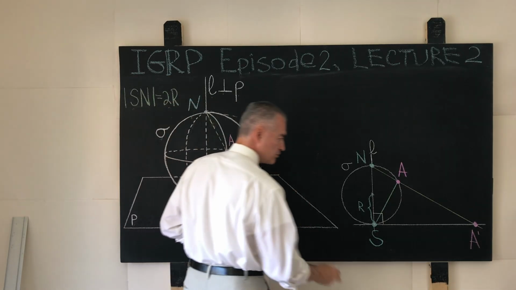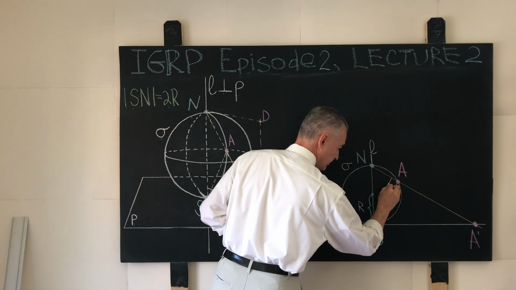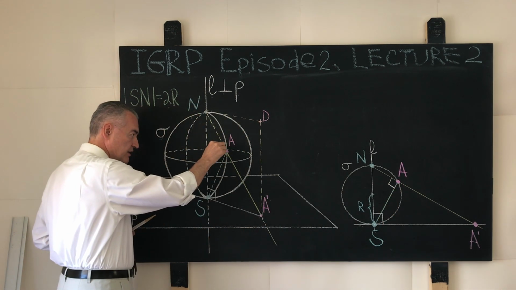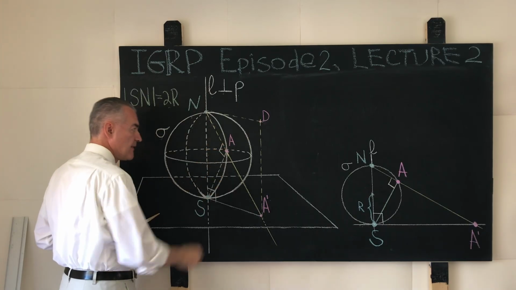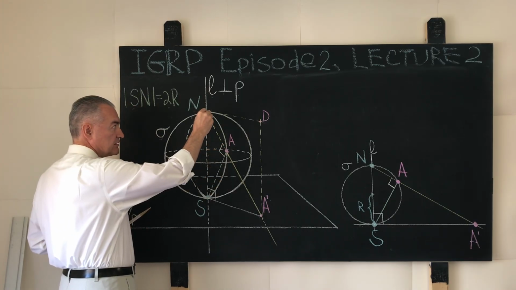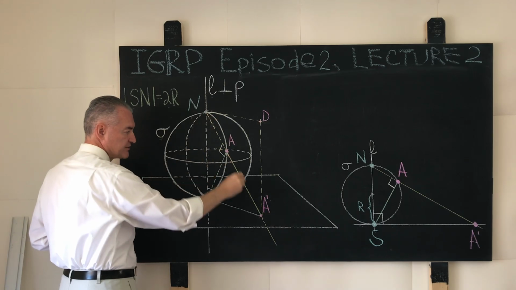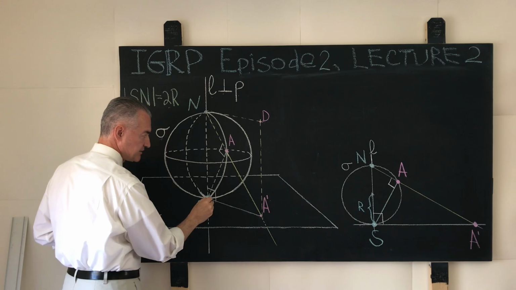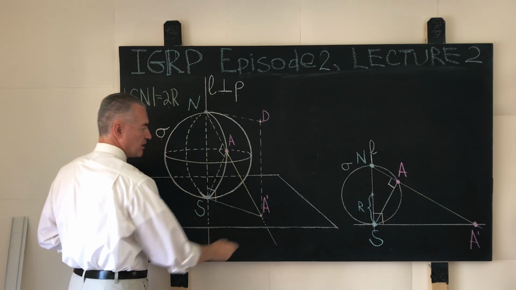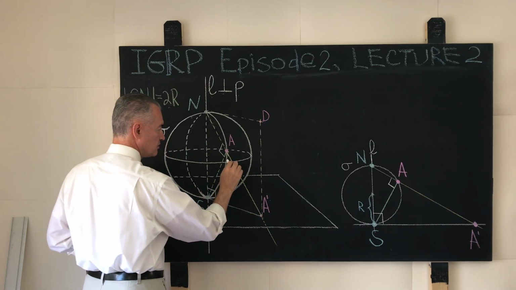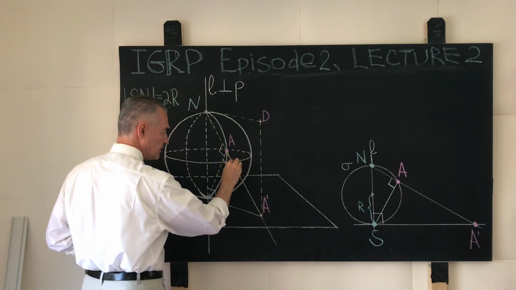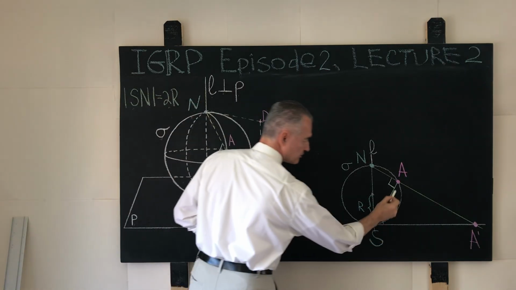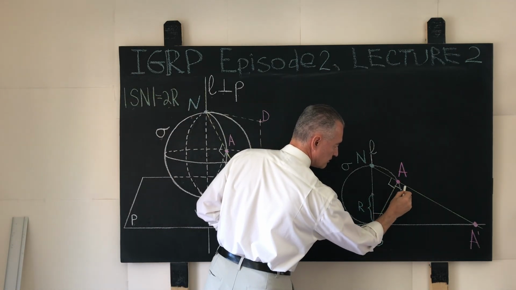Is right. Precisely. So this angle right here is right, and this angle right here is right. But the straight line NA passes also through the point A prime, which means that the angle SAA prime is also what? Is also right. You see? Is also right. That means that this angle right here is also right.